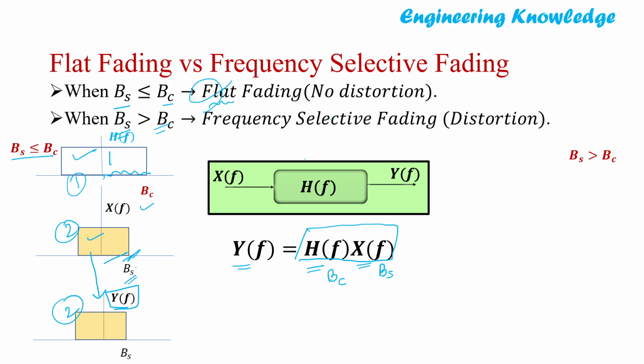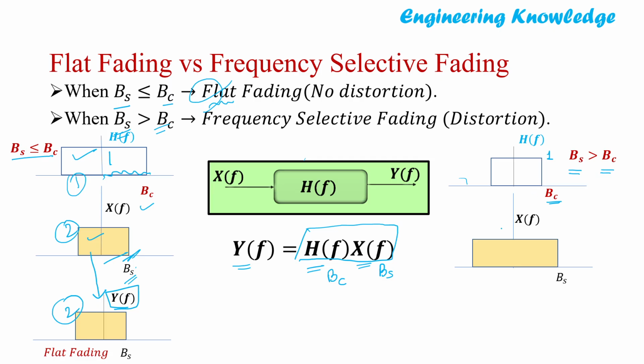While on the other hand, what happens? Here we are saying that the signal bandwidth is larger than the coherence bandwidth. So this is my coherence bandwidth. The frequency response seems to be constant till Bc. Then the signal has a final value in the frequency domain of Bs, which is larger than Bc.